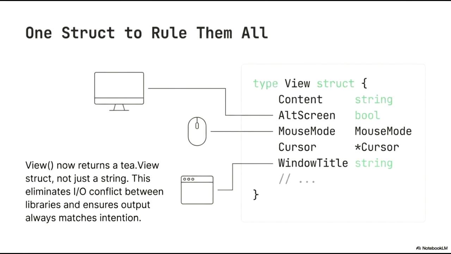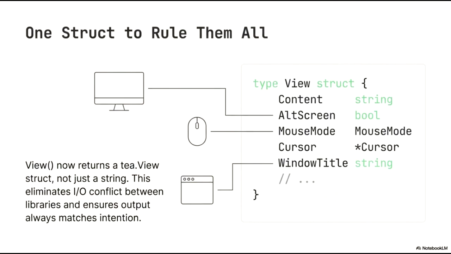We've evolved how the view function operates to provide more granular control over the terminal environment. Historically, view returned a simple string, but we are moving to a unified tea.View struct. This change is pivotal because it eliminates I/O conflicts between different libraries.